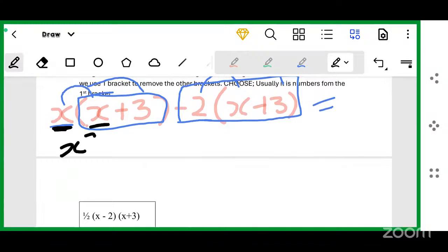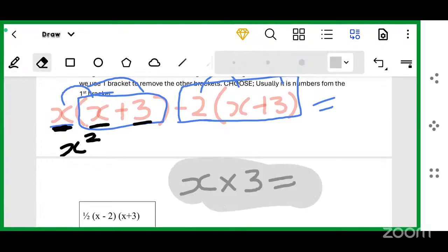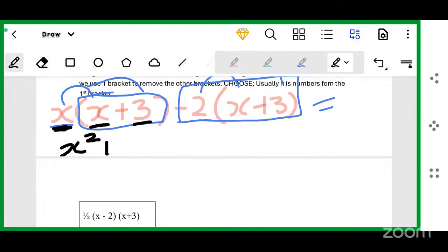And what is x multiplied by 3? Okay, it's like this, x multiplied by 3. 3x. Yes, correct. So you're gonna have your positive 3x.